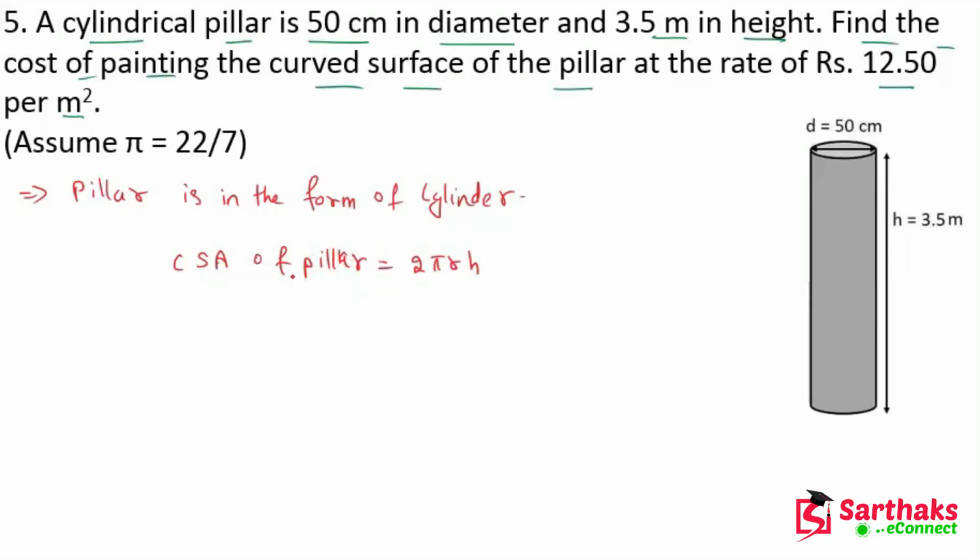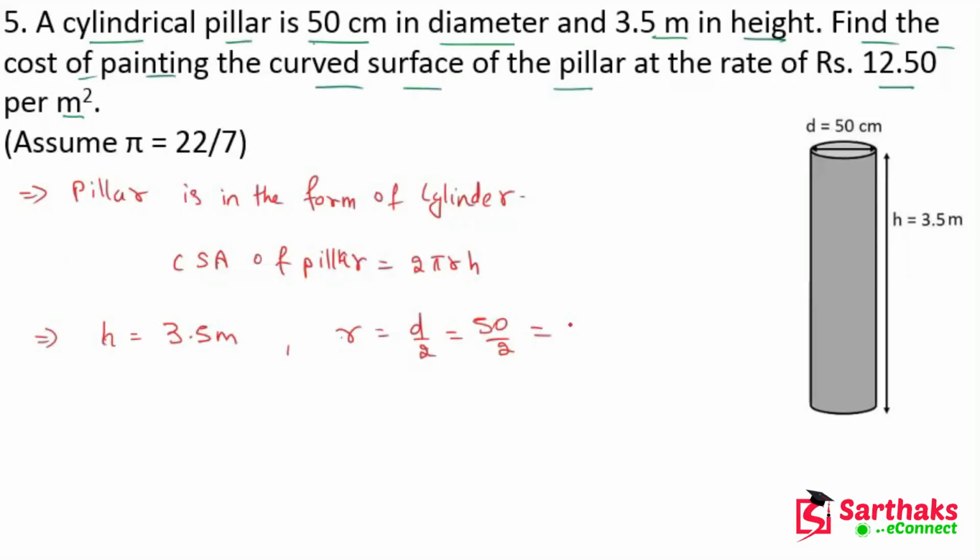Here we have diameter which is 50 centimeter, and height is 3.5 meter. So h is 3.5 meter, and radius is equal to d by 2, which is equal to 50 divided by 2.